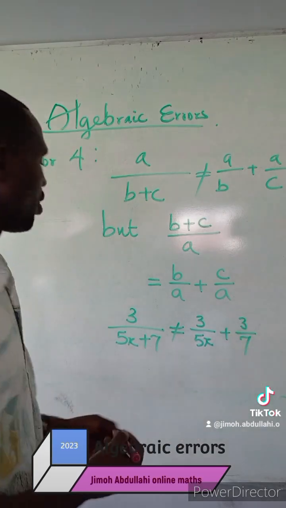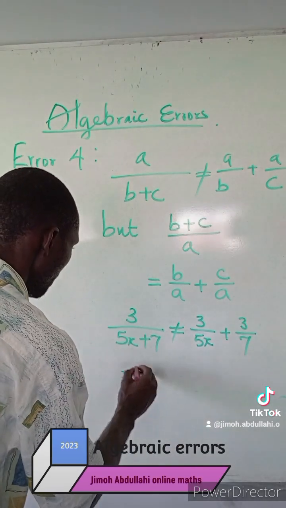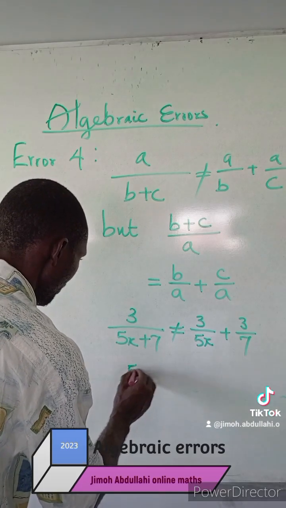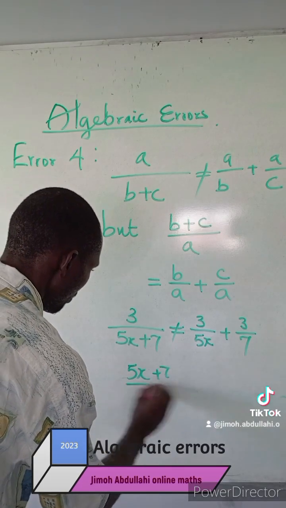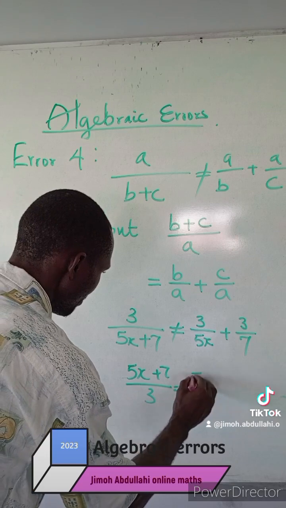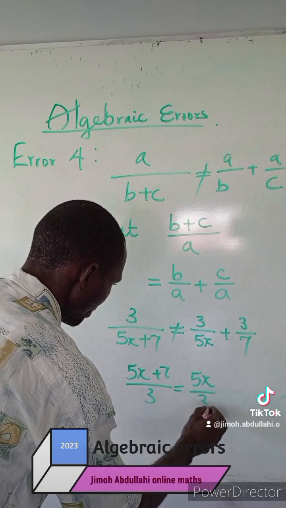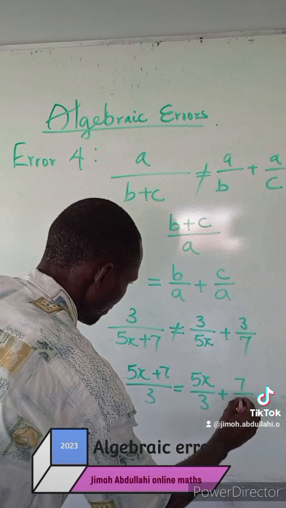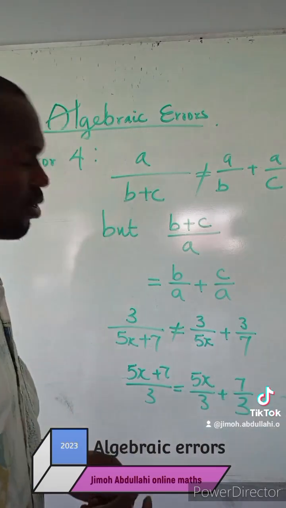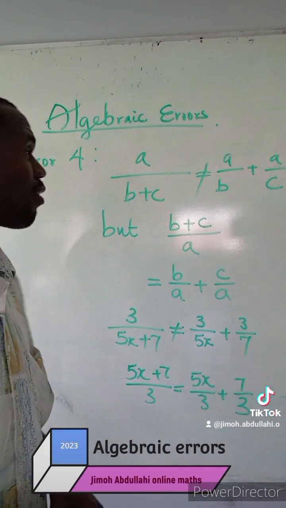It is not equal. But 5x plus 7 over 3 is the same thing as 5x over 3 plus 7 over 3. You understand? So that is error 4.